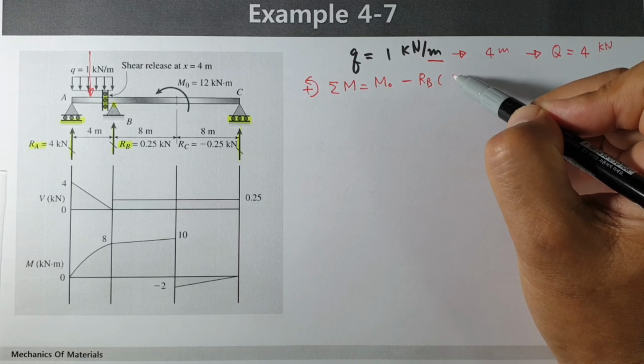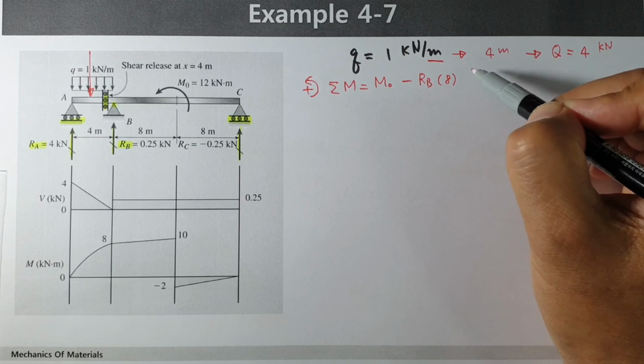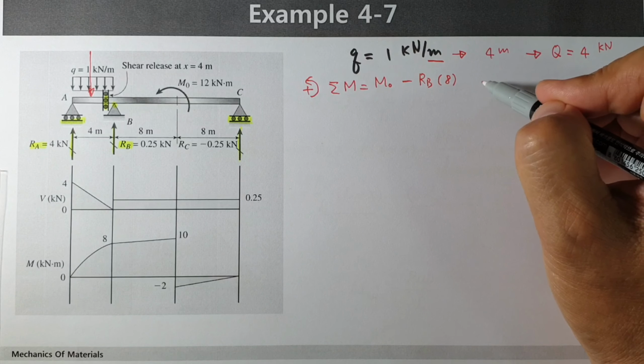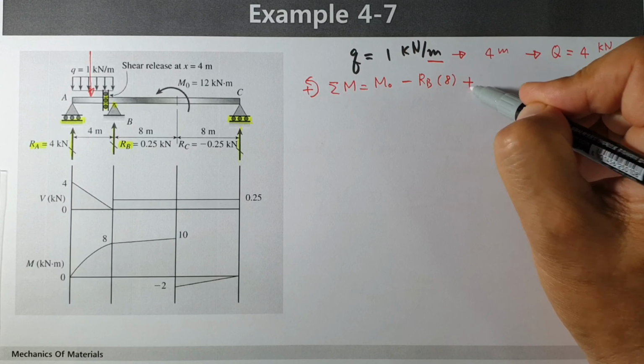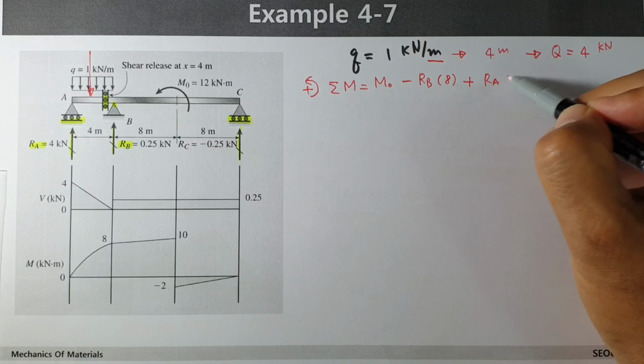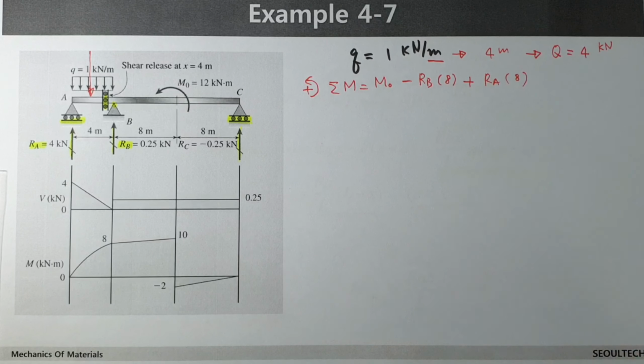is multiplied 8. RA is also positive direction in this case. RA is 8. Okay.